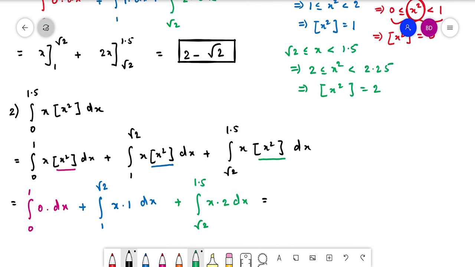So let's integrate. This portion vanishes. This becomes x square by 2, with limits from 1 to root 2, plus 2x square by 2, so that is x square from root 2 to 1.5.